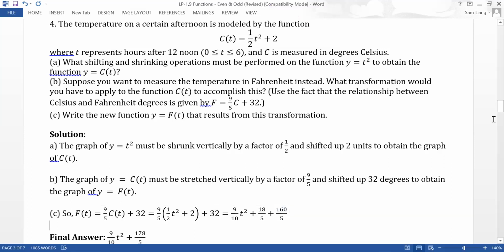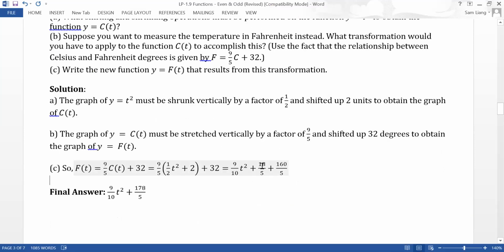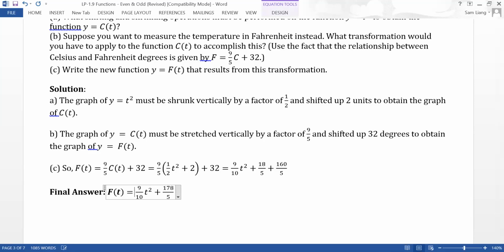Last step, we just add. 18 plus 160 is 178. And your final answer is 9/10 t squared plus 178 over 5. Actually, let me write that as f of t equals this. We need a function, not an expression. Okay, we need an equation, I mean. So that's your final answer for part C.